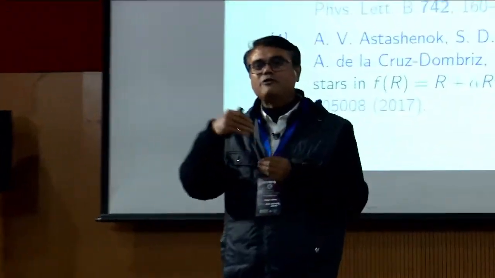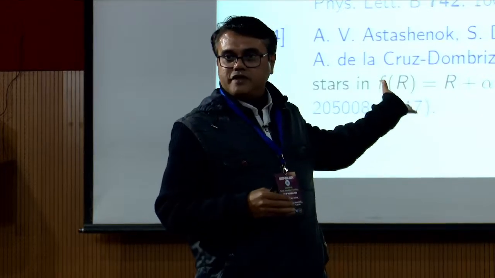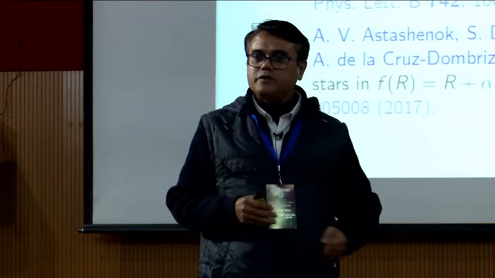I don't know if it's possible to say that it's realistic. It was done by them earlier, but by using that piecewise equation of state, that realistic equation system has been formed.